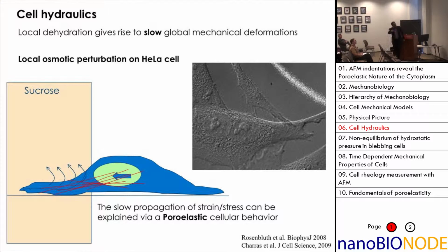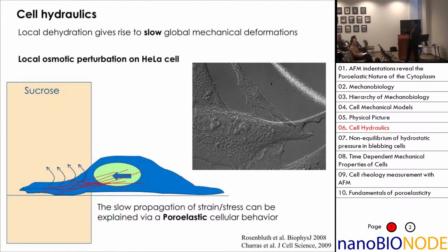So that line is a hyperosmotic pressure on part of the cell, and you can look at the stress propagation inside the cell. Looking at this stress propagation suggests that it is very slow compared to pure viscoelasticity, and suggests that the stress propagation is following a poroelastic rule, which is dependent on the length scale when you apply this hyperosmotic pressure.